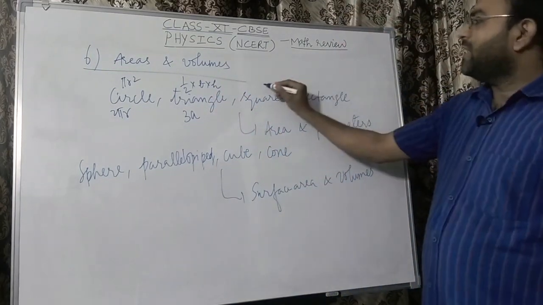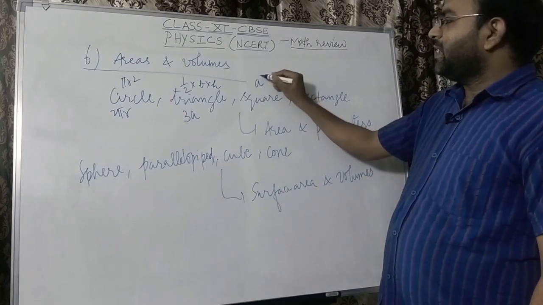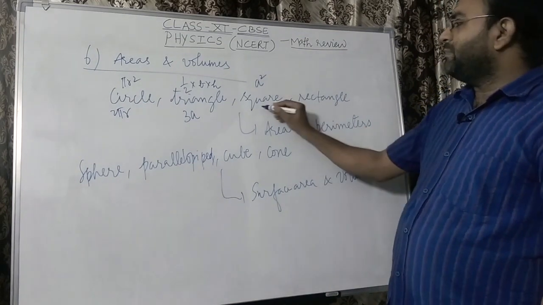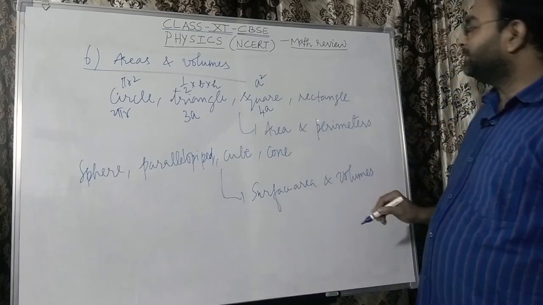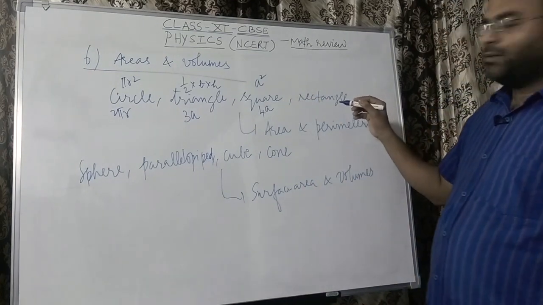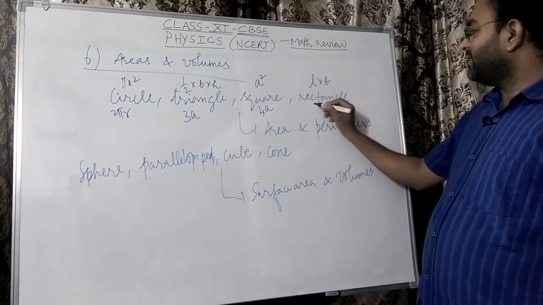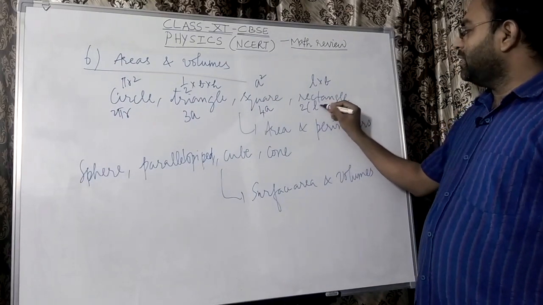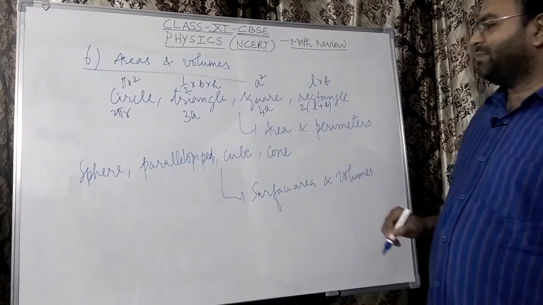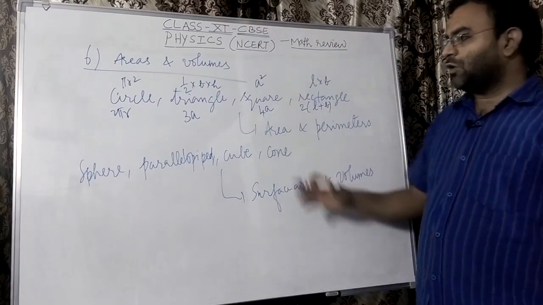For a square, the area is A squared, and the perimeter is 4 times A. For a rectangle of length L and breadth B, the area is length into breadth, and the perimeter is 2 times length plus breadth. So we have to remember these common formulae.